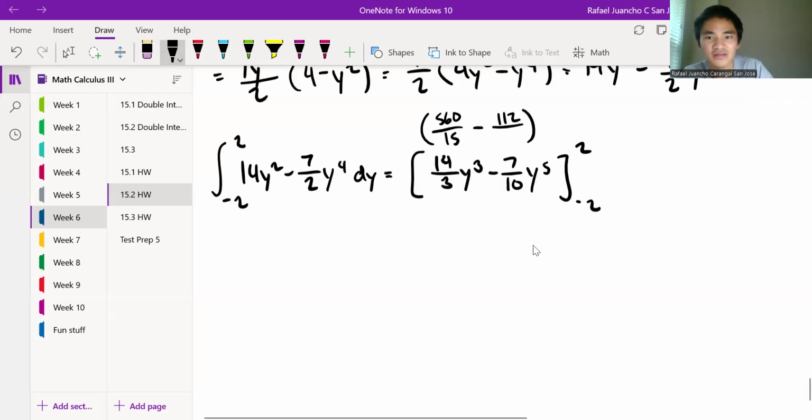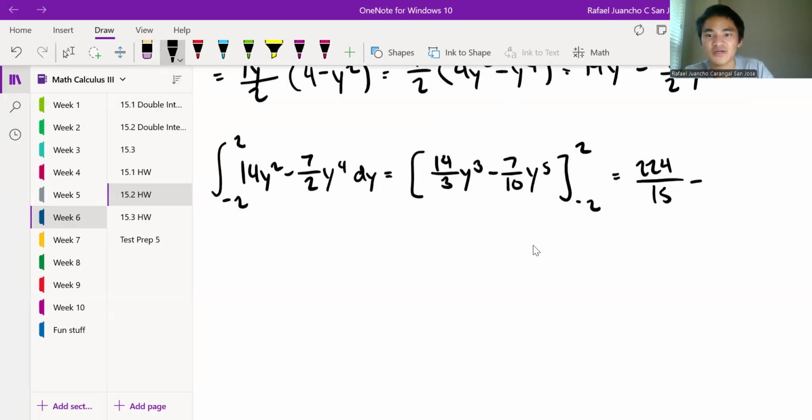This is 15, multiply this by 3, 336. 560 minus 336, 224 over 15. So that's the first one. I subtracted 2 when I multiply negative 2. This is negative 8, so here I get negative 112 over 3.